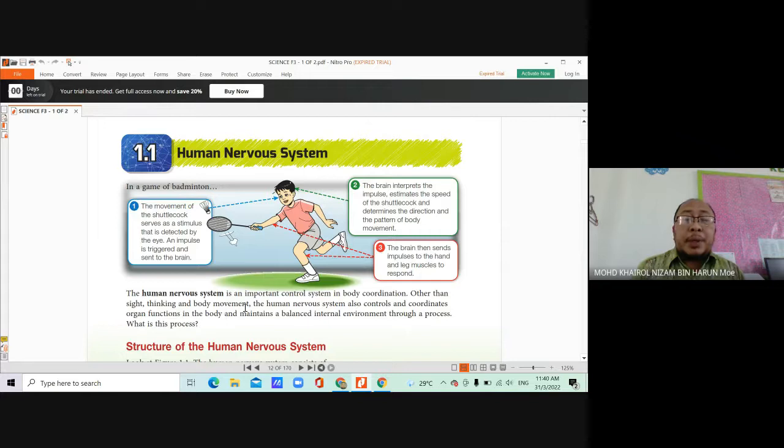For example, when we make any movement, that movement will involve muscle. So that muscle is controlled by the nerve, and nerve is one of the components inside the human nervous system. So the human nervous system consists of nerve, one of the parts in the human nervous system.